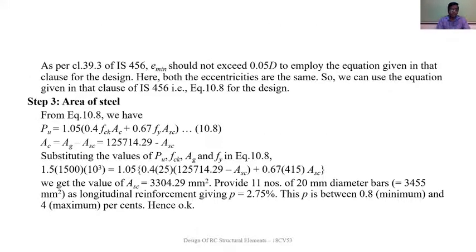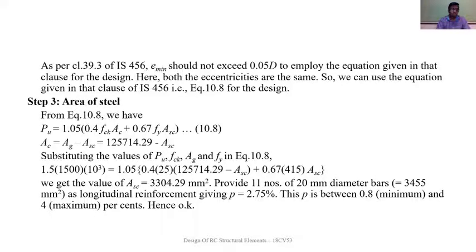As per clause 39.3 of IS 456, e minimum should not be greater than 0.05 times D to employ the equation given in that clause. Here both the eccentricities are the same, so we can use the equation given in IS 456.